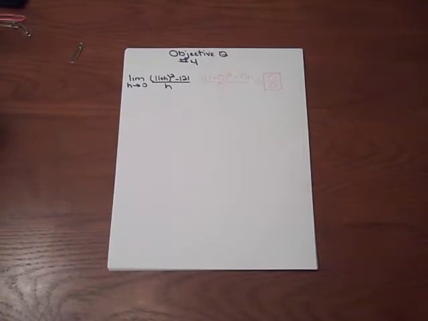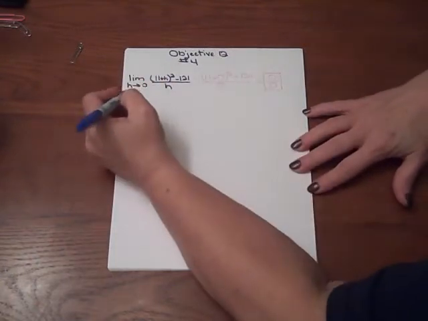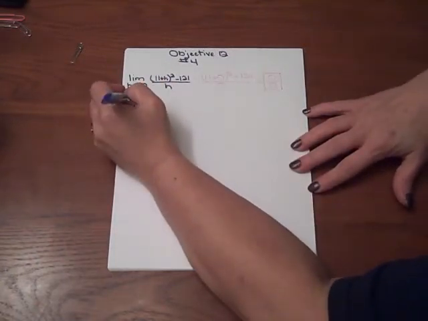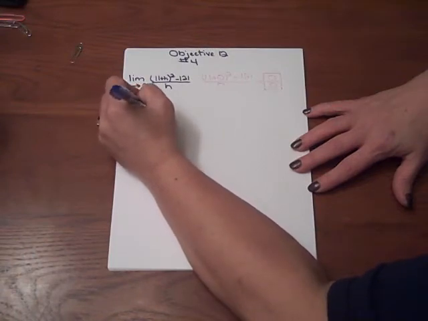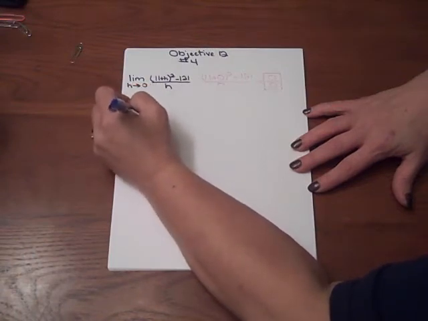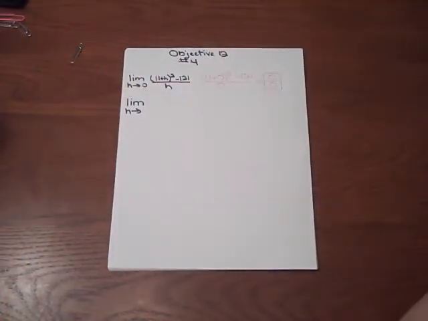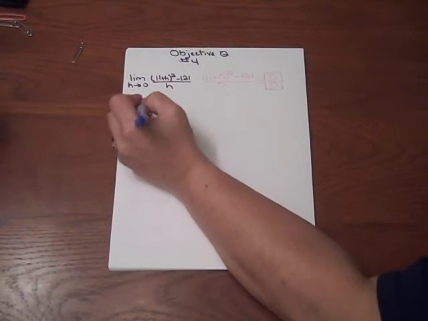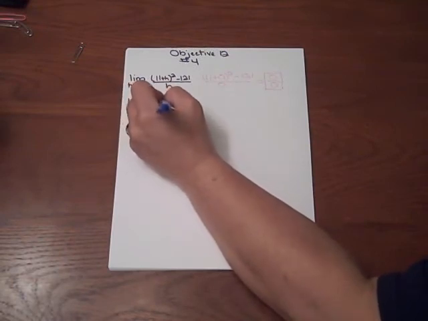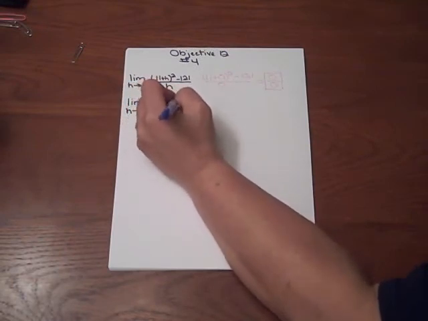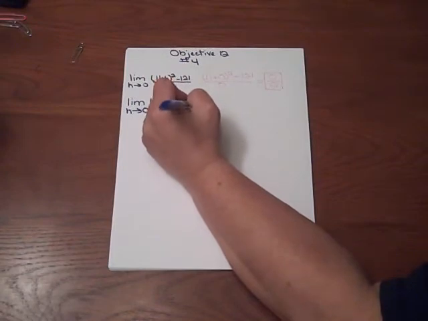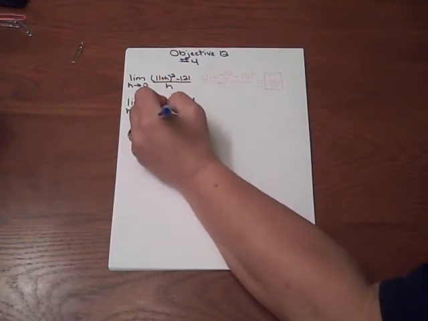So to get started with this problem, the first step is we need to expand. The problem is finding the limit as h approaches 0 of 11 plus h squared minus 121 over h.